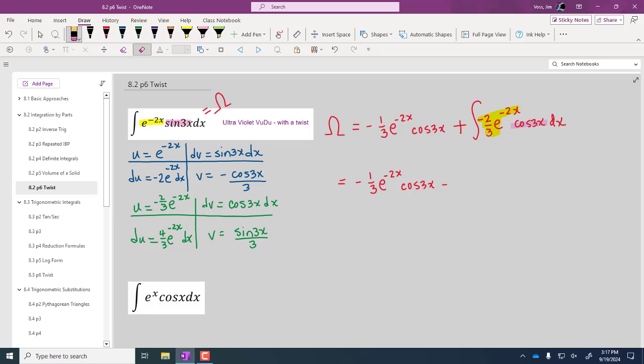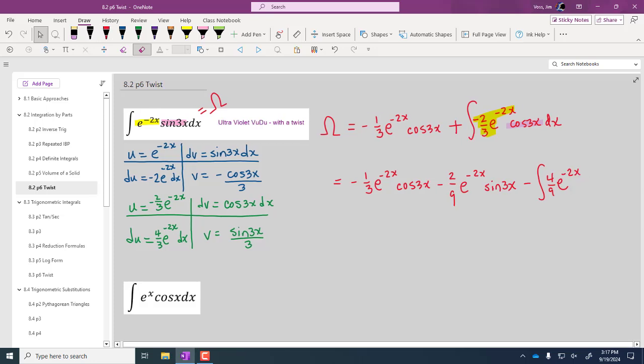I'm seeing negative 2/9, negative 2/9 e to the negative 2x sine 3x. So there's ultraviolet, UV, minus the integral of voodoo, bottom row, VDU. So that's this. So I see 4/9 e to the minus 2x multiplied by sine 3x.